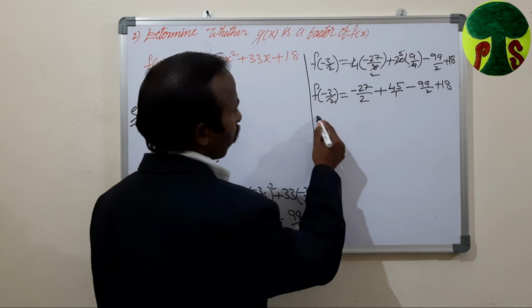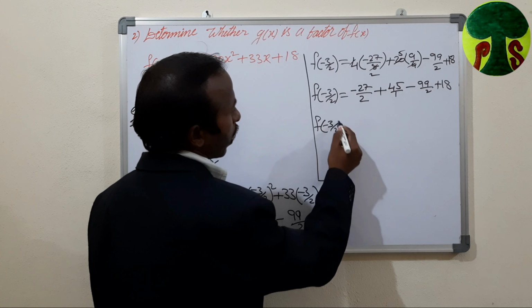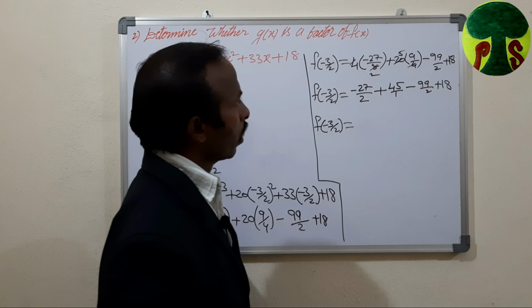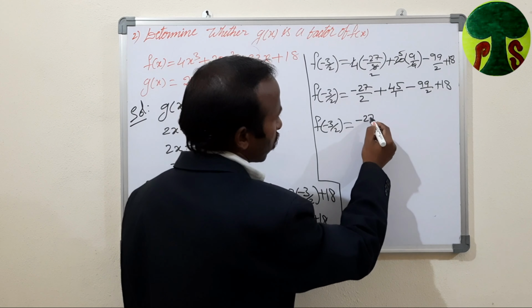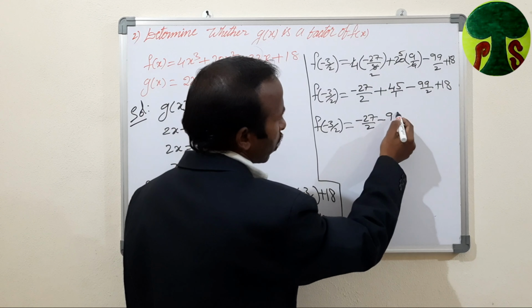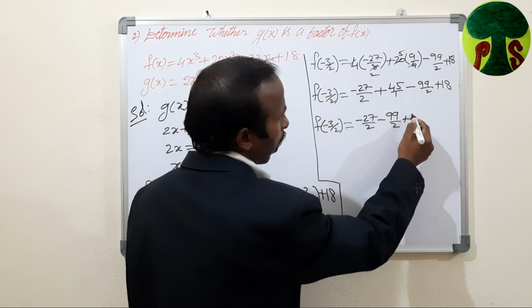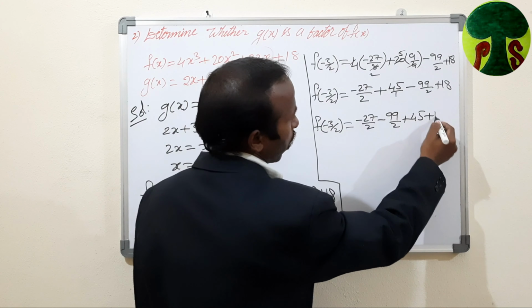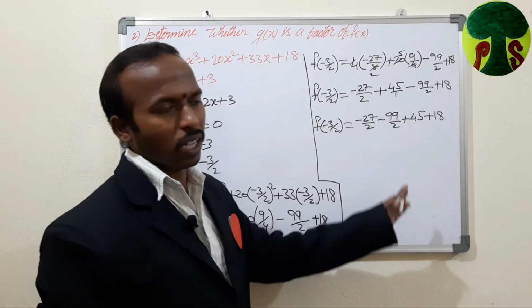Now see here, f of minus 3 by 2 is equal to, here minus 27 by 2 minus 99 by 2 plus 45 plus 18. I am writing fractions together.